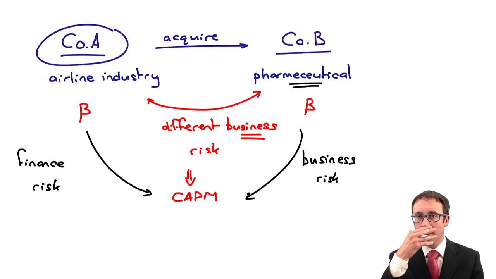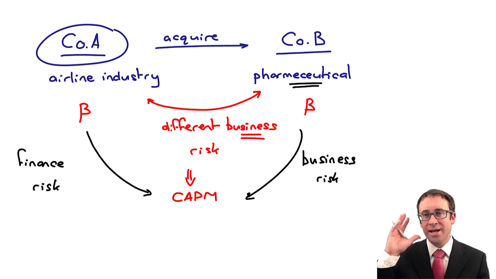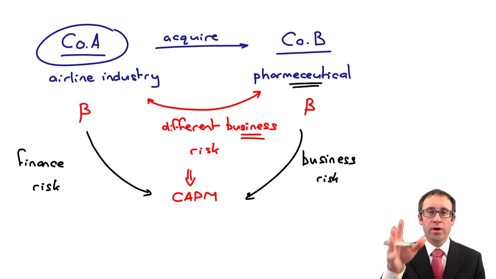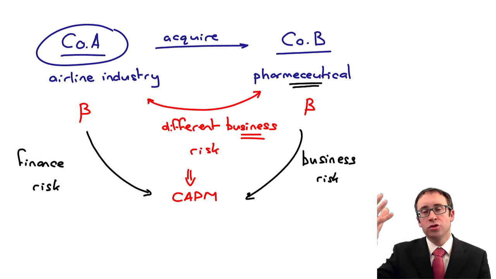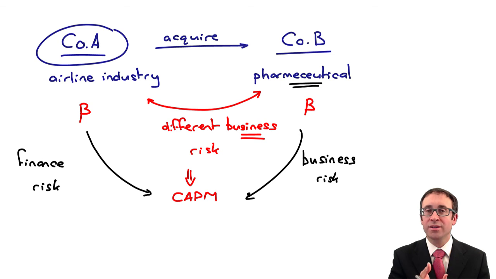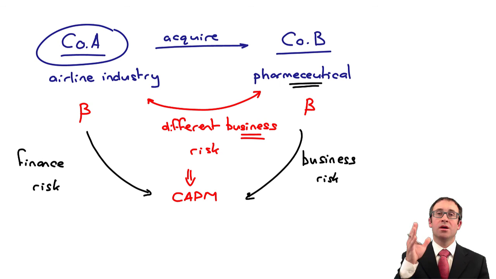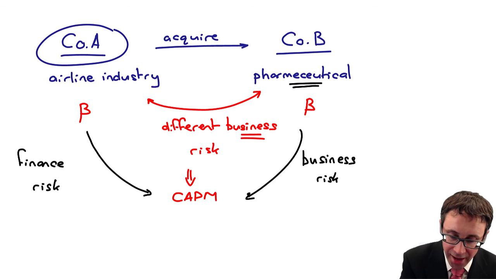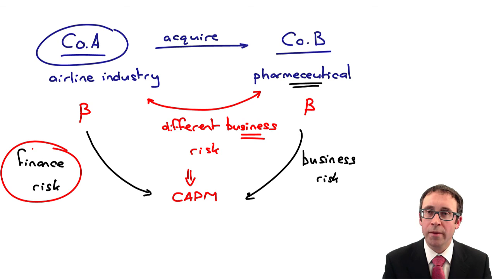We identify a business that we're looking to acquire, look at a beta that reflects the business risk and the finance risk of that company, strip out the finance risk, so effectively de-gear it, like we've just done in that example. But then there'll be another step to re-gear it to work out the geared beta that reflects the finance risk as well.